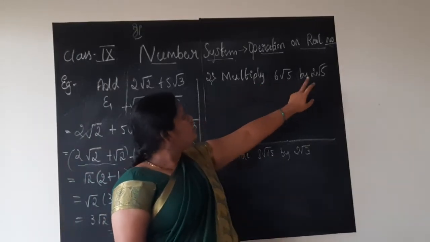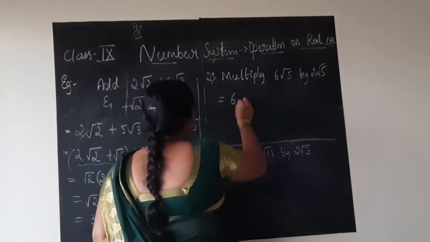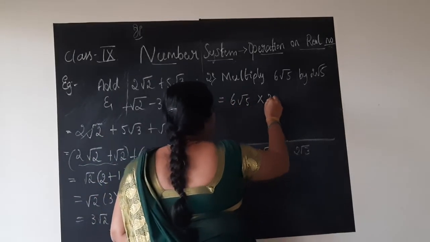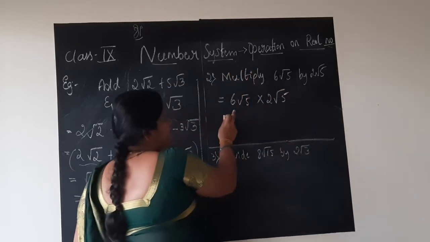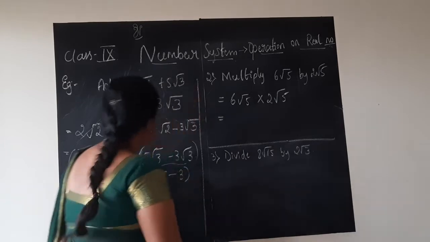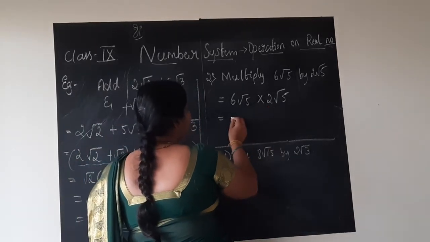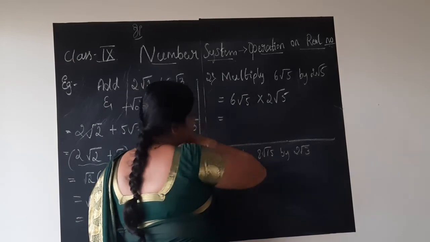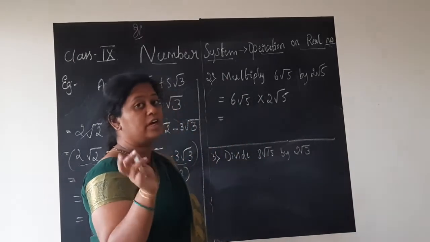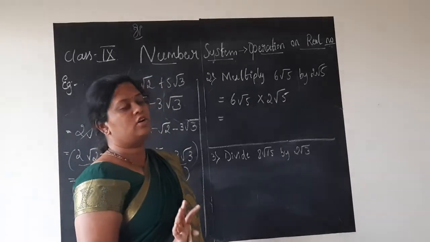Multiply 6 root 5 by 2 root 5. So, now in between these two, let me write the multiplication sign. 6 root 5 into 2 root 5. Since multiplication is there, children, you cannot take the common factor. Only if it is addition or subtraction can you take a common factor.